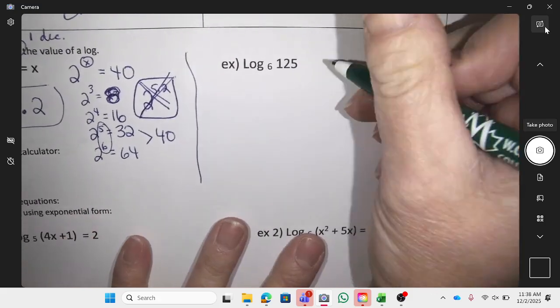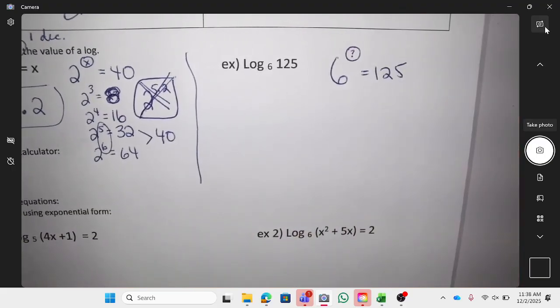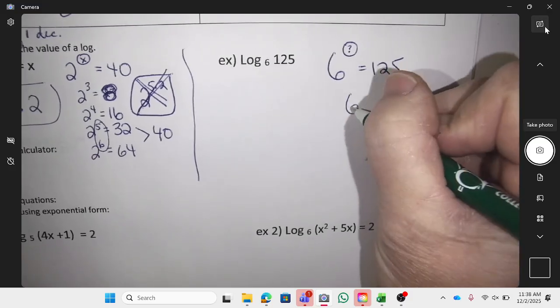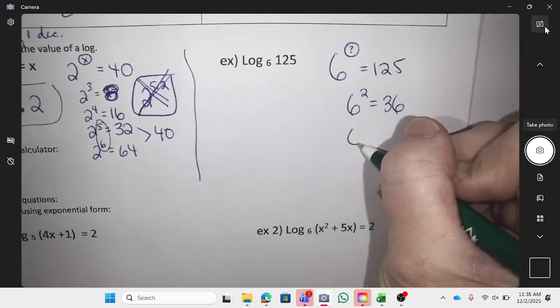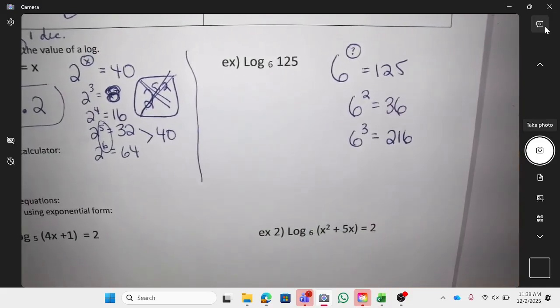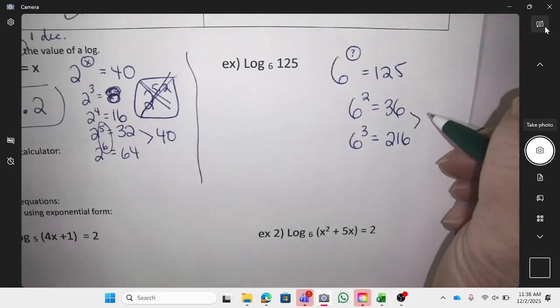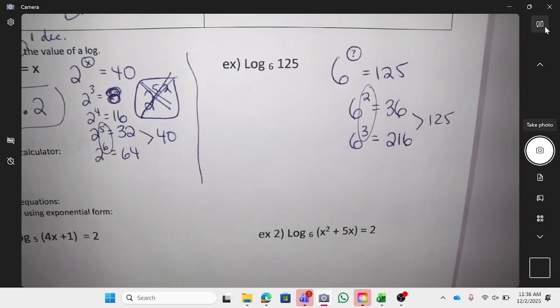Okay, let's figure this one out. What am I doing here? I'm trying to figure out what kind of number would give me that. So what do I know? I know 6 squared is 36. 6 cubed is 216. So are we going to say 125 is in that zone? The zone that my exponent is in is between 2 and 3.